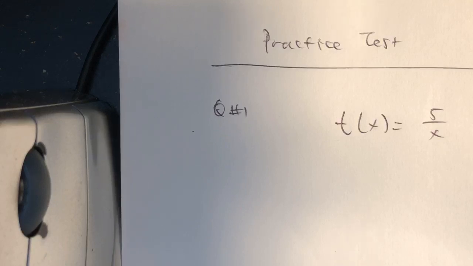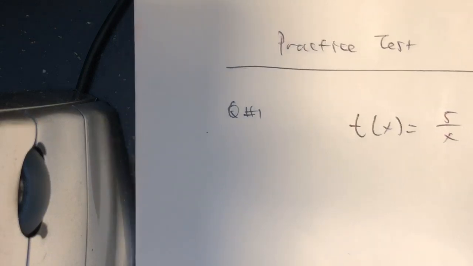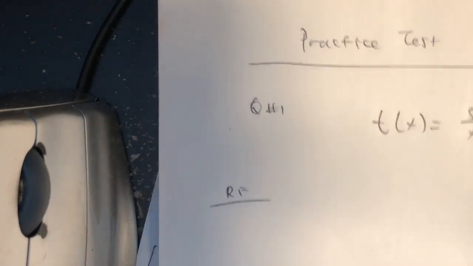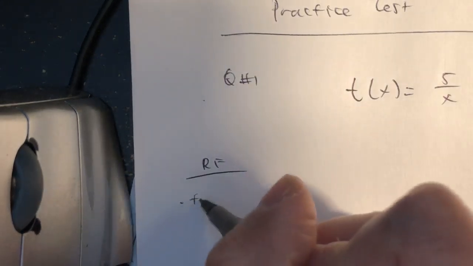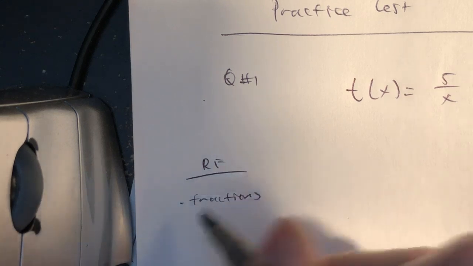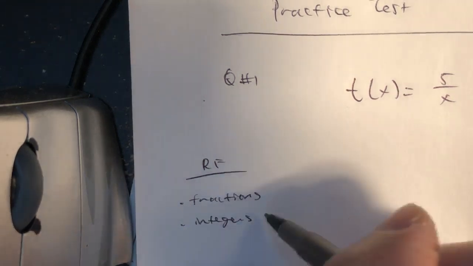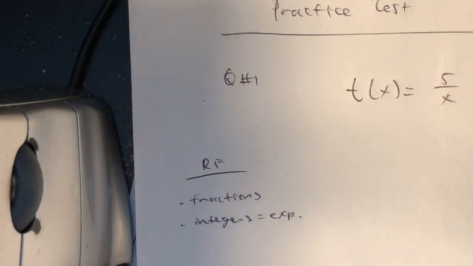If the function is not rational, explain why. So we'll review: rational functions are basically fractions, and your exponents should be integers or whole numbers.